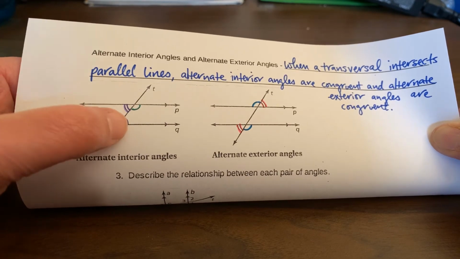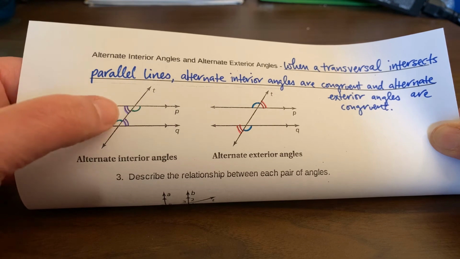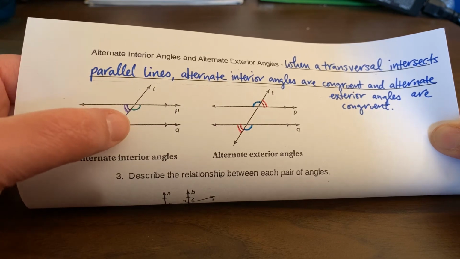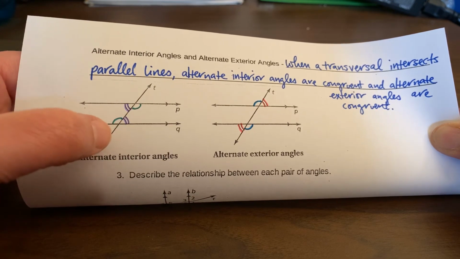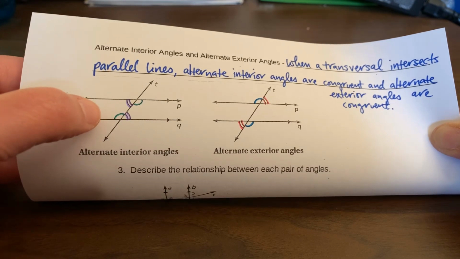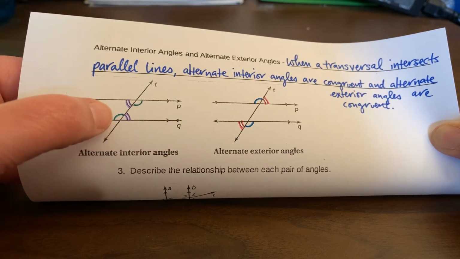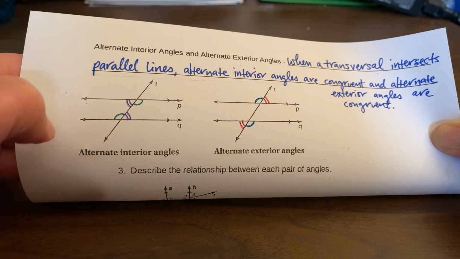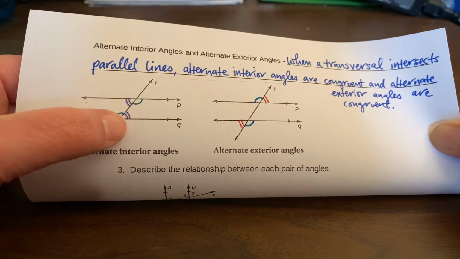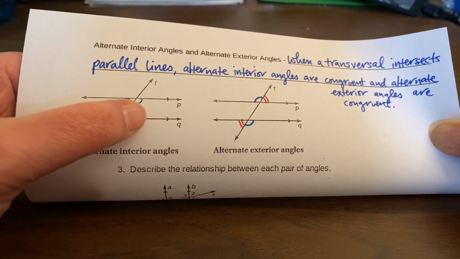So you can see the two purple marks there and there. Those are on opposite sides of the transversal, but on the inside of lines P and Q, and so they are alternate interior angles, right? And they are congruent. And the same goes for these single green guys here.